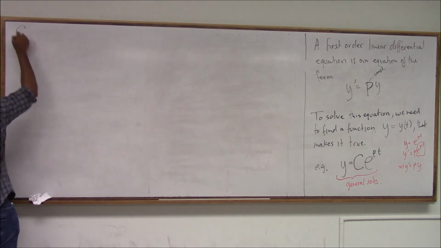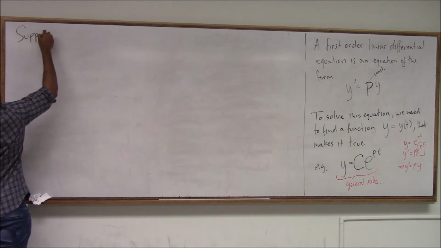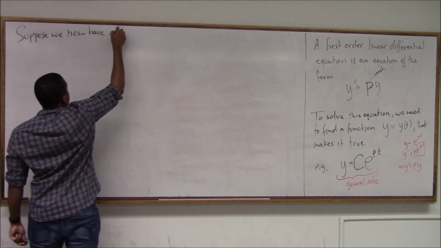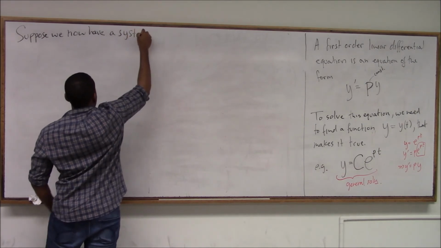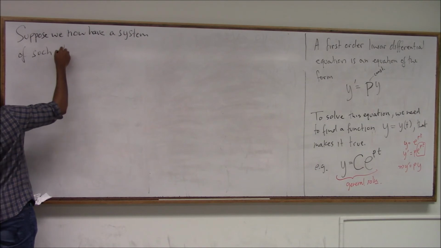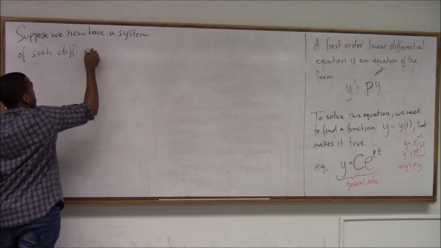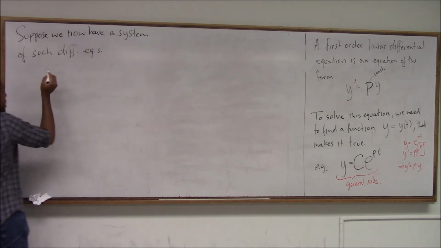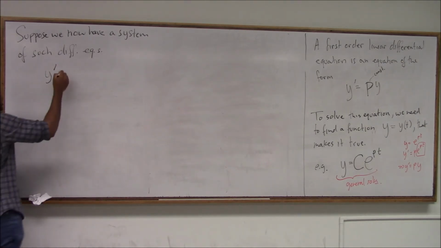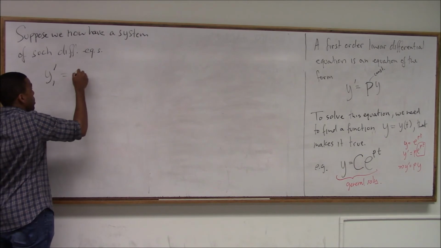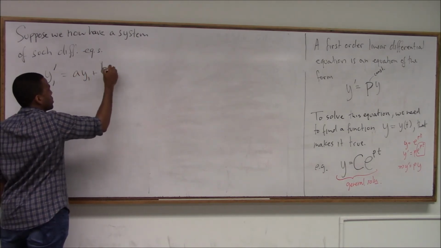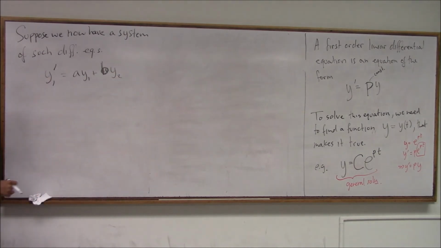So suppose we now have a system of such differential equations. Say I have two functions, y1 and y2, and say I could measure the derivative of y1, and I can write it as a sum of the functions y1 and y2.